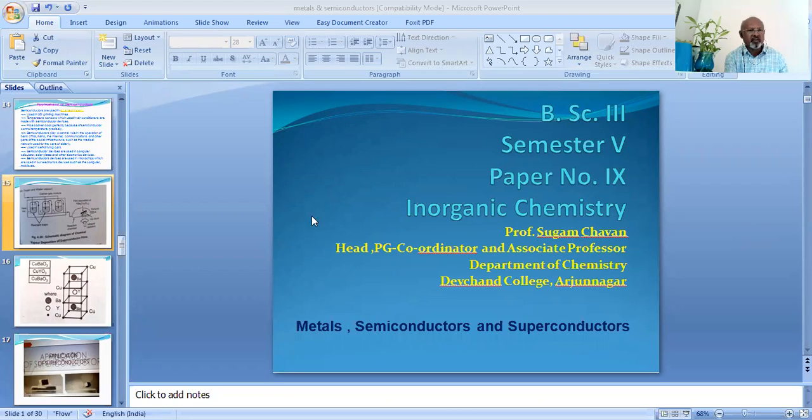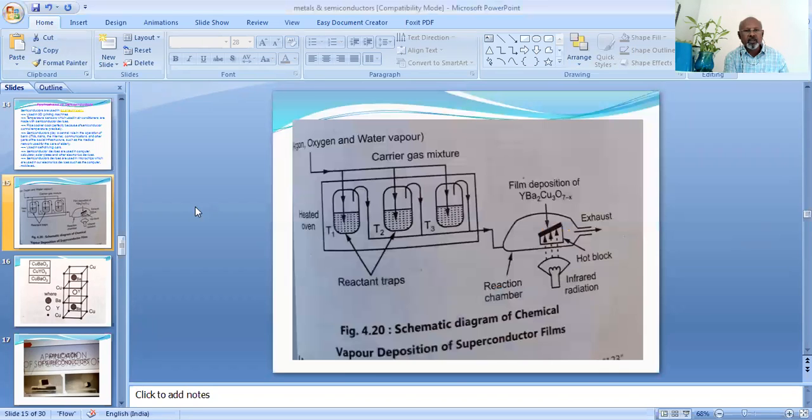Just see this diagram also. Here in this diagram, the first reactor contains the volatile complex of copper, the second reactor vessel contains yttrium, and the third contains barium, which are held at temperatures T1, T2 and T3 that can provide the desired vapor pressure of each of the reactants.